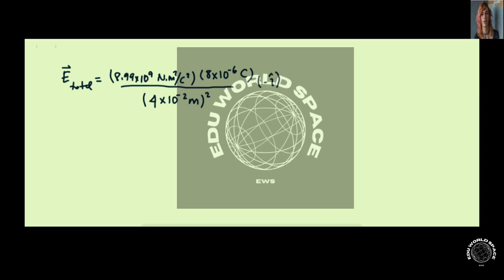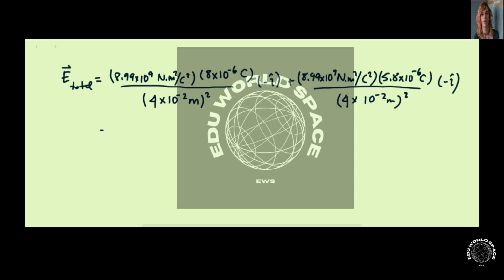Remember, the unit vector was negative i hat. Plus 8.99 times 10 to the power of 9 newton meters squared over coulomb squared times the second charge, 5.8 times 10 to the power of negative 6 coulombs. I did the conversion again. In the denominator, I have the same distance. Again, negative i hat. They're both pointing in the negative x direction.